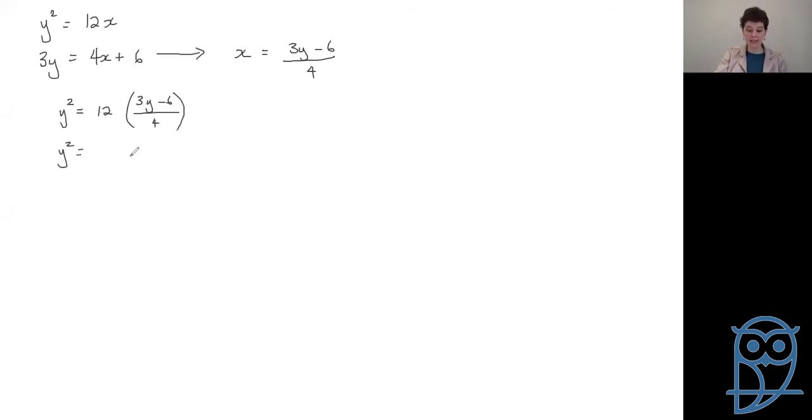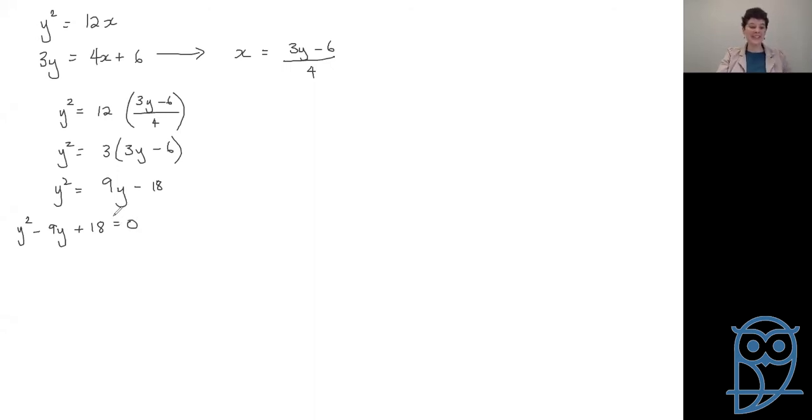We're going to get some cancellation there. So we end up with a 3 times a 3y minus 6. So y squared equals 9y minus 18. And again, we want to make our quadratic nice and happy to solve. So y squared minus 9y plus 18 equals 0.